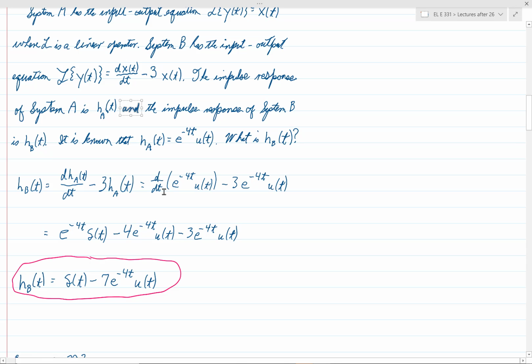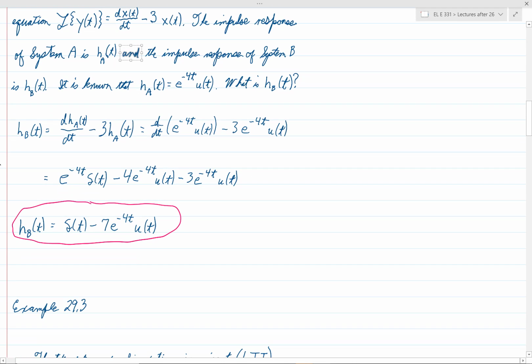And so that is d dt of e to the minus 4t u of t minus 3 times e to the minus 4t u of t. And so if we use the product rule when we take the derivative here, we get the first times the derivative of the second, and then the second times the derivative of the first, which would give us minus 4e to the minus 4t u of t, and then bring this down, minus 3e to the minus 4t u of t.